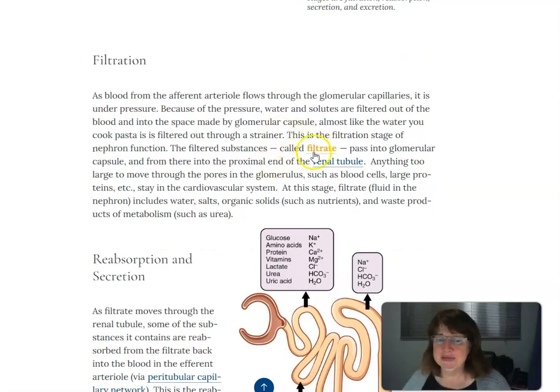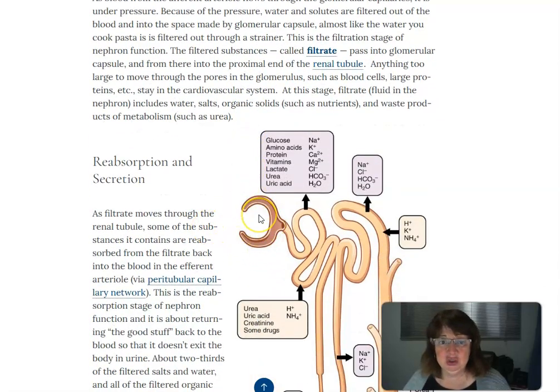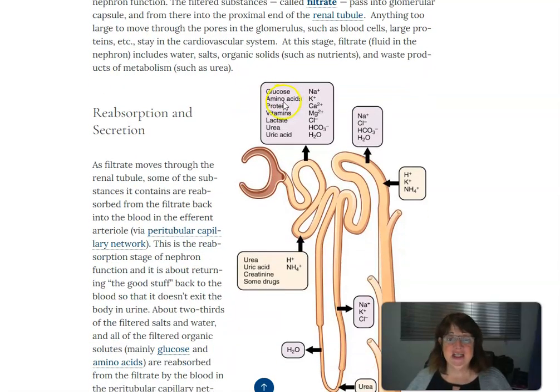All this substance is called the filtrate, and it will pass into the renal tubule. Everything except the large things will go from the glomerulus into the glomerular capsule. That's why we say it's a bad filter, because the filtrate will contain water, salts, all sorts of nutrients, good and bad. They go into the proximal tubule.